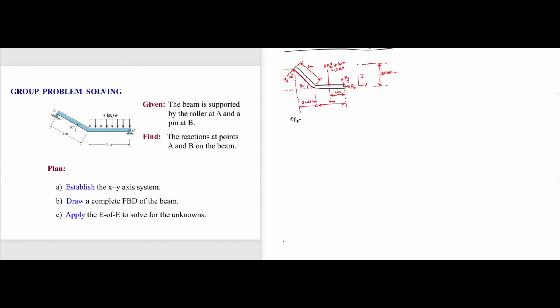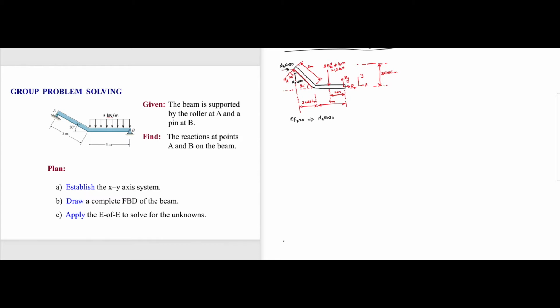So when we apply sigma Fx equal to 0, tell me all the forces in x. That means we have NA sine 30, because NA is not along x or y, so you have to split this NA into its x component and y component. The x component will be NA sine 30 and the y component will be NA cos 30.